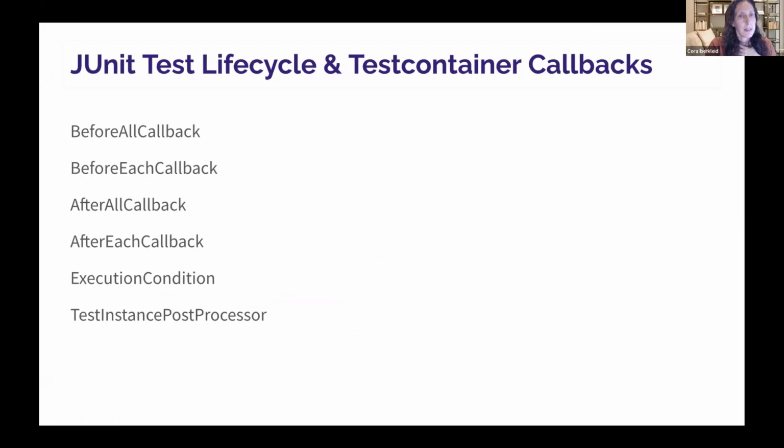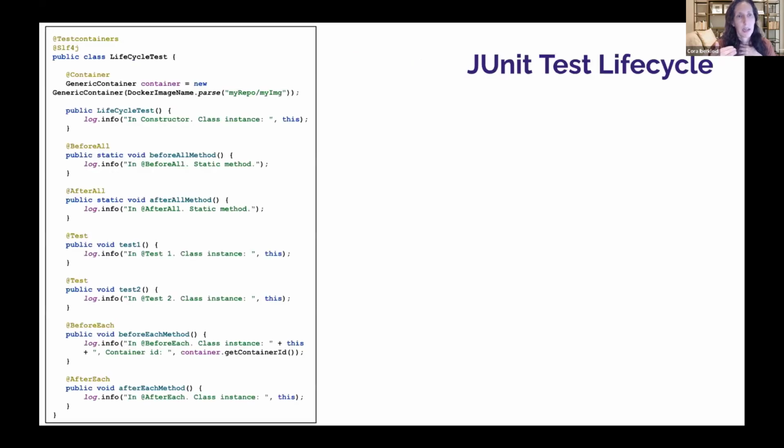If you are familiar with JUnit, these are the lifecycle callbacks that you can use in your code before tests or after tests, after each or after all of them, et cetera. I just wanted to quickly walk through a test class that leverages all of the lifecycle events.